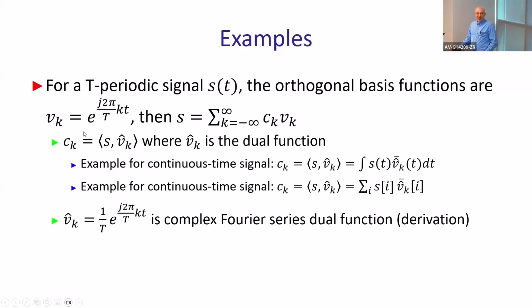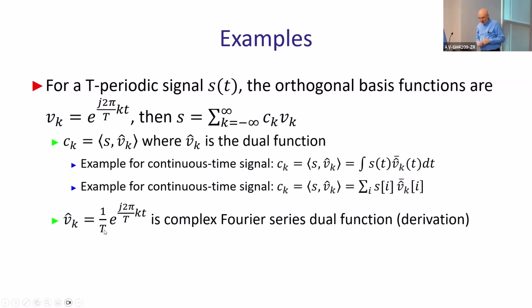And sometimes people just define that as 1 divided by square root of T here, and 1 divided by square root of T here, to get exactly the same function for inverse. So forward, which is computing the coefficients, and inverse will be exactly the same function. This function will be orthonormal. You're just normalizing by square root of T, because the squared norm is T, so the square root of T is the norm. So if you divide here by square root of T, and here by square root of T, you get exactly the same function, forward and backward, for the Fourier transform.